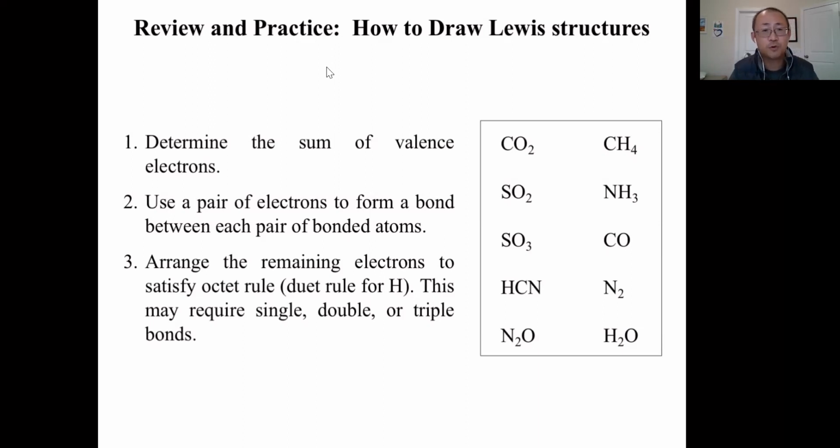Determine the sum of the total number of valence electrons, draw the skeleton and connect the central atom with the surrounding atoms with single bonds, and then satisfy the octet of the surrounding atoms first, and then put the remaining electrons on the central atom and check whether everybody satisfies the octet. If not, you need to try double and triple bonds. So again, please practice so that you can very comfortably draw a correct Lewis structure.